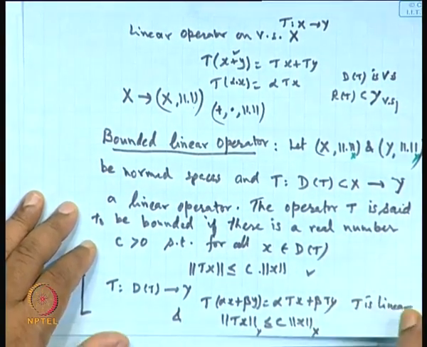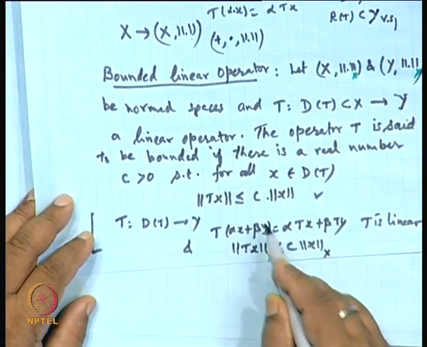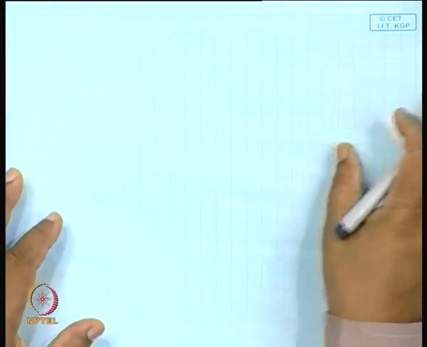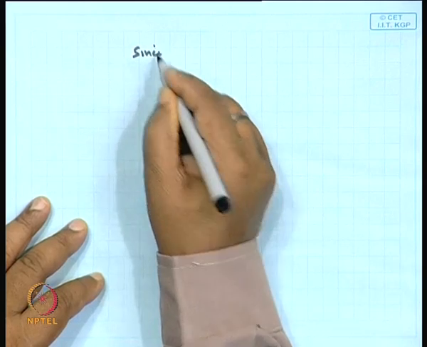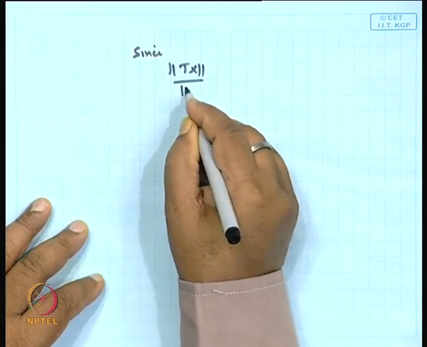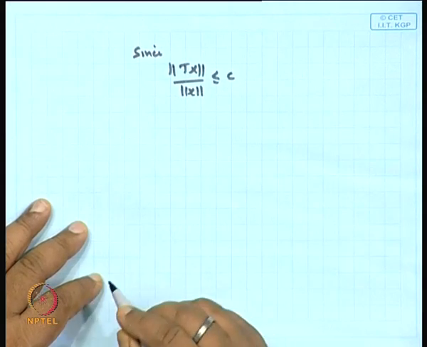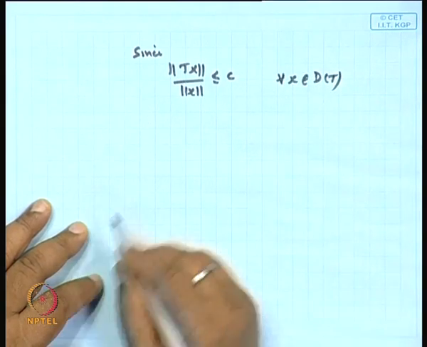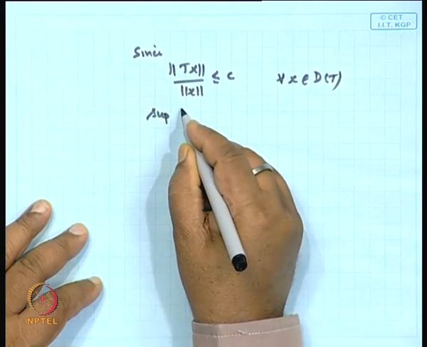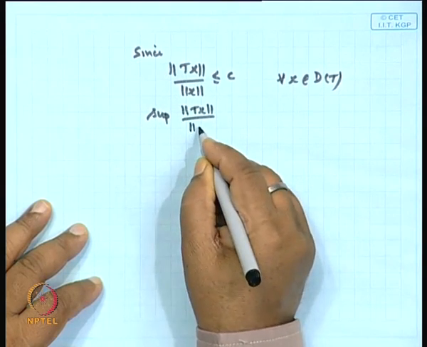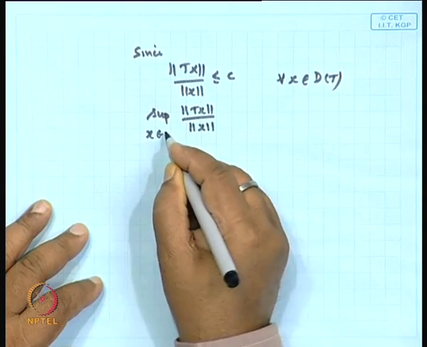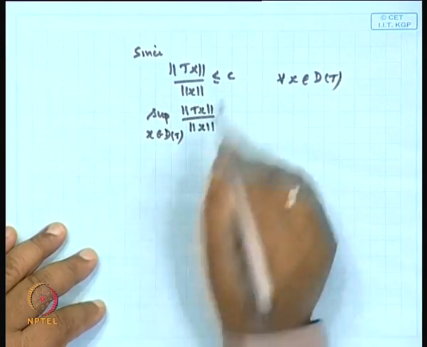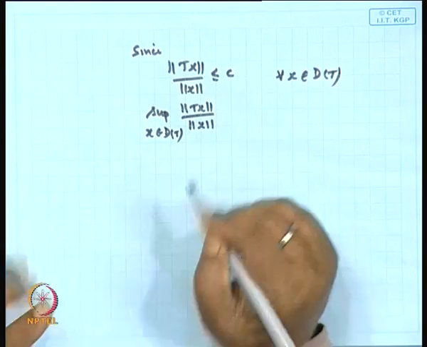Now, the question arises: what should be the minimum value of C here, so that this condition holds? This can be obtained since the norm of Tx by the norm of x is less than or equal to C. This is true for all x belonging to the domain of T. So, take the supremum of the norm of Tx over the norm of x, where x belongs to the domain of T. This supremum will be the minimum value of C which satisfies this.